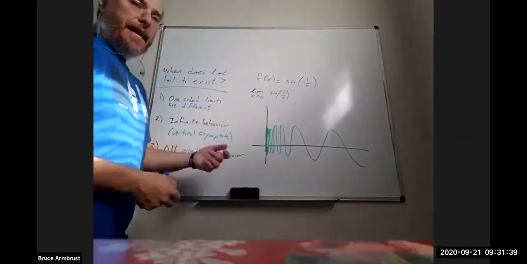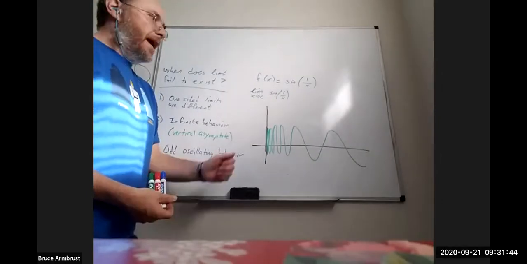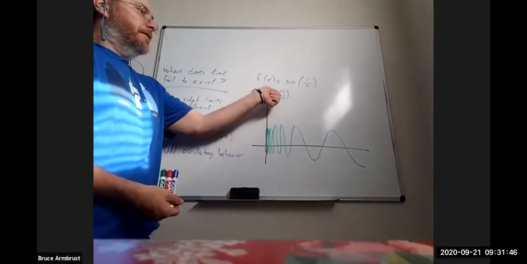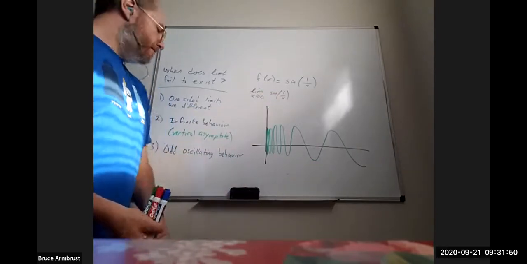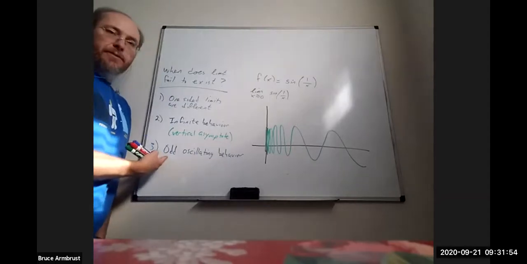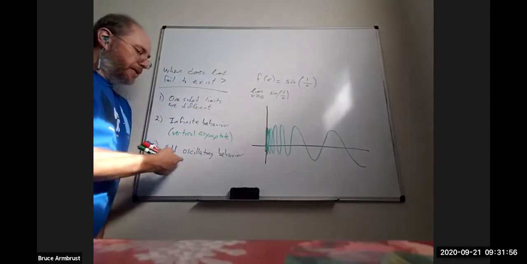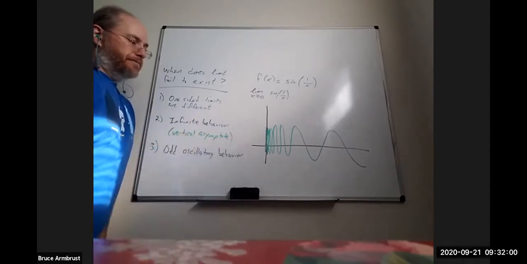There isn't a specific value that we're getting closer to. As we move closer and closer to x equals 0, this thing keeps bouncing between plus and minus 1. And so that's what I mean by this. It's just weird oscillation that can happen from time to time.